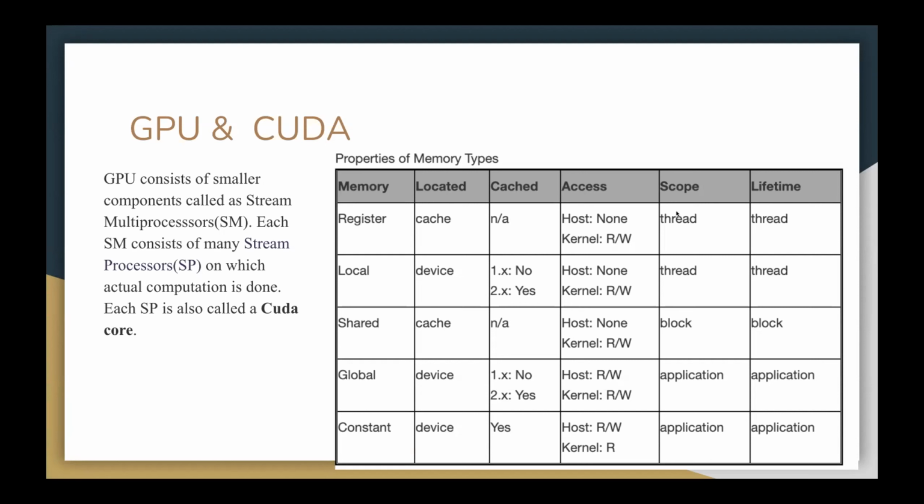It has different memories, from registers to constant memory, roughly from smaller to larger memories, both in scope and in how much information is stored. The key differences are where each is located and its scope, meaning who has access to these memories.